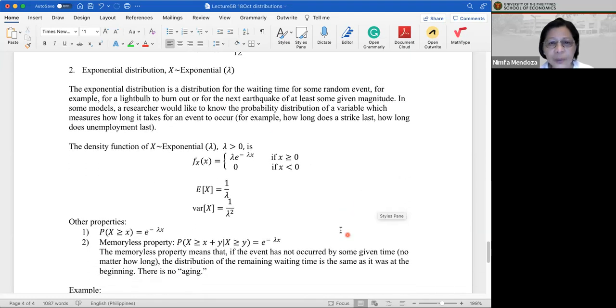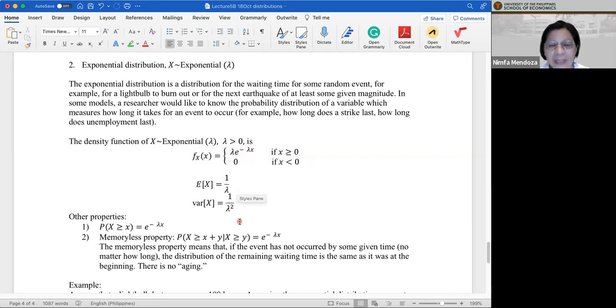So the density function is of this form: for x greater than or equal to 0, it is lambda e to the minus lambda x. And these are the expected value and variance. You can also verify this using the formulas for the expected value and the variance.